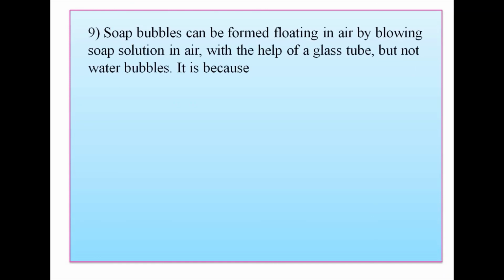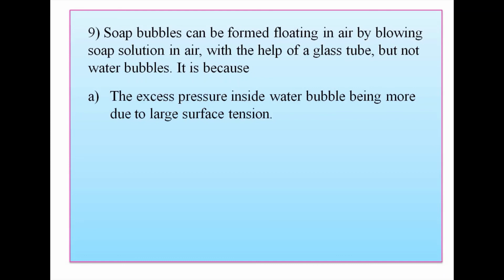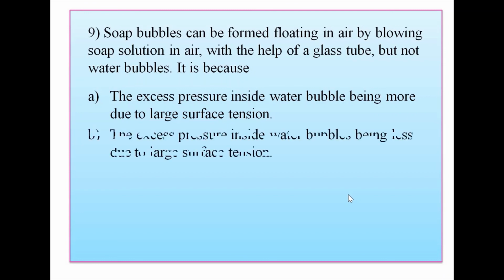Soap bubbles can be formed floating in air by blowing soap solution in air with the help of a glass tube, but not water bubbles. It is because, options are: option A is excess pressure inside a water bubble being more due to the large surface tension. Option B is excess pressure inside water bubbles being less due to the large surface tension.